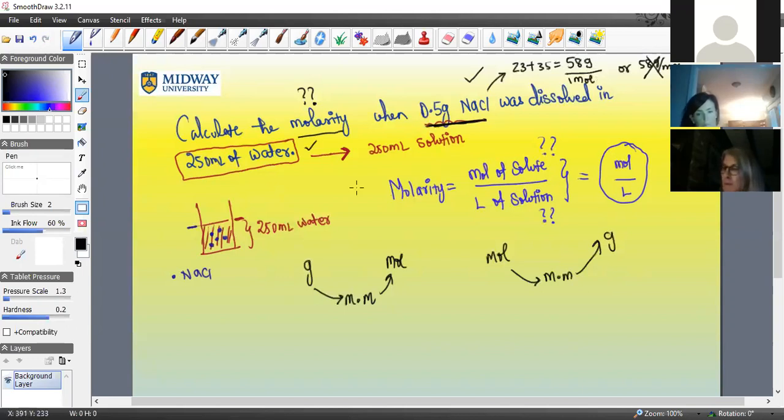All right. With that said, let me move my little screen out of the way so I can actually perform all this calculation in one go. Okay. There are two sets of calculations you have to do because we want two sets of information. So the first one is we got 0.5 gram of NaCl. That's one of the given pieces of information.